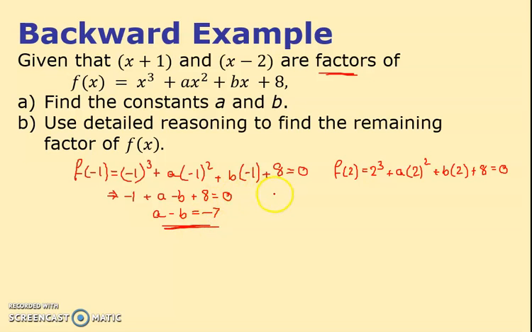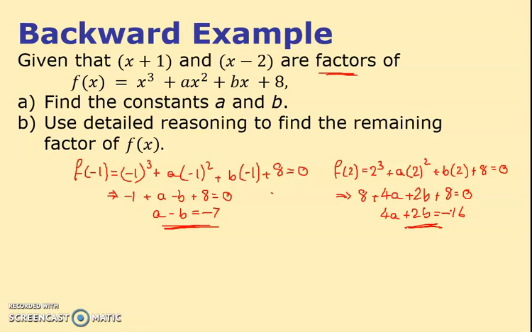That's my first equation. And this one, what's this imply that it equals? Well, I've got 8 from 2 cubed, plus 4a plus 2b plus 8 equals 0. So I've got 4a plus 2b equals, that's 16, so therefore it's minus 16 when it moves over. And there's my second equation.